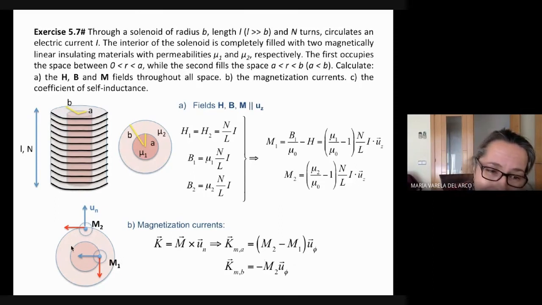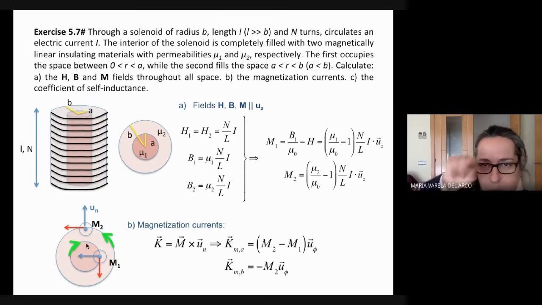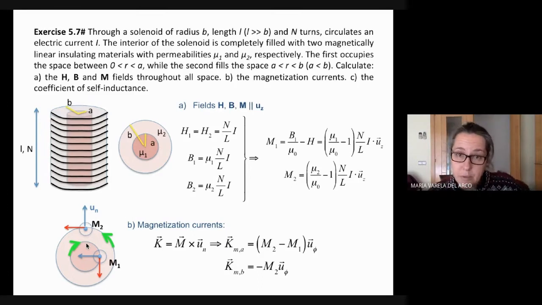So inside, there's going to be a distribution of currents that are going to be the superposition of M1 and M2. And in principle, I plotted things like on the outside, the currents go in one direction, like minus U phi if you want to see like that. And in the inside, maybe they can go just like that, depending on which is larger, M2 or M1. Actually, they could also end up rotating in the same direction that in the outside. It just depends on the relative magnitudes of the permeabilities, but we don't know about those.